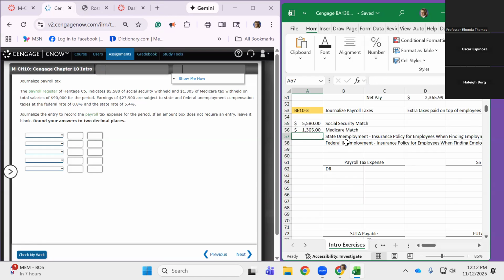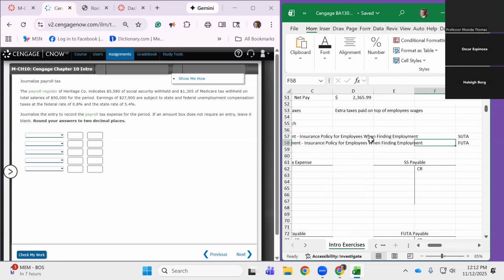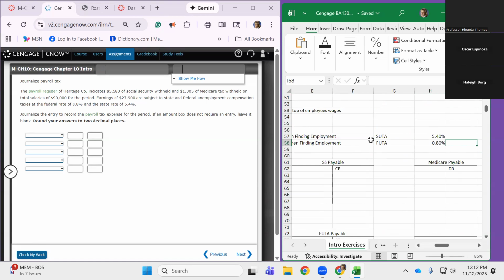All right, so then the state unemployment. Now be careful. Federal or the unemployment is oftentimes subject to a different amount of earnings. Okay, they say that the earnings of 27,900, that's all the earnings.